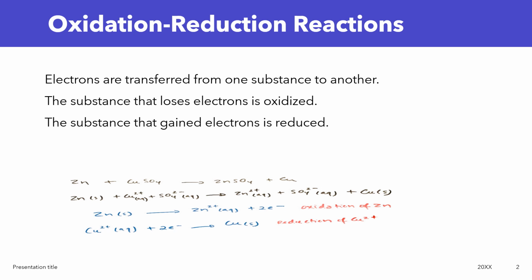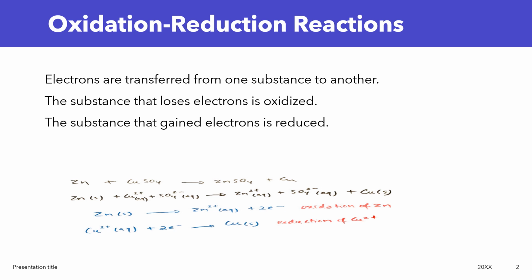Again, the substance that gained electrons, as we mentioned before, is reduced. So in this redox reaction, zinc is oxidized because it lost 2 electrons, and the copper ion is reduced because it gained 2 electrons.